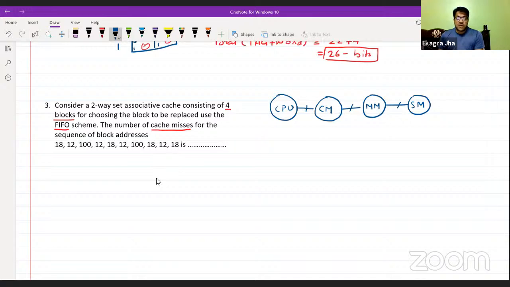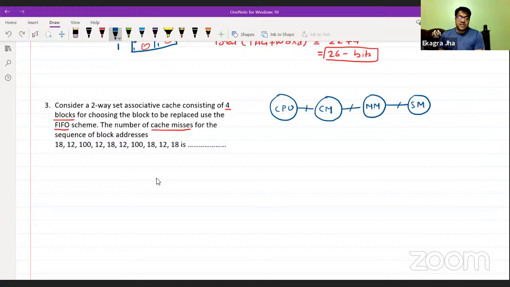The CPU can't do read and write operations on the other memories. The CPU only knows about the cache memory. It can only read and write on the cache memory. Whenever the CPU requires any data, it is not possible to have all the data in the cache memory, so that data is going to be a miss in the cache.